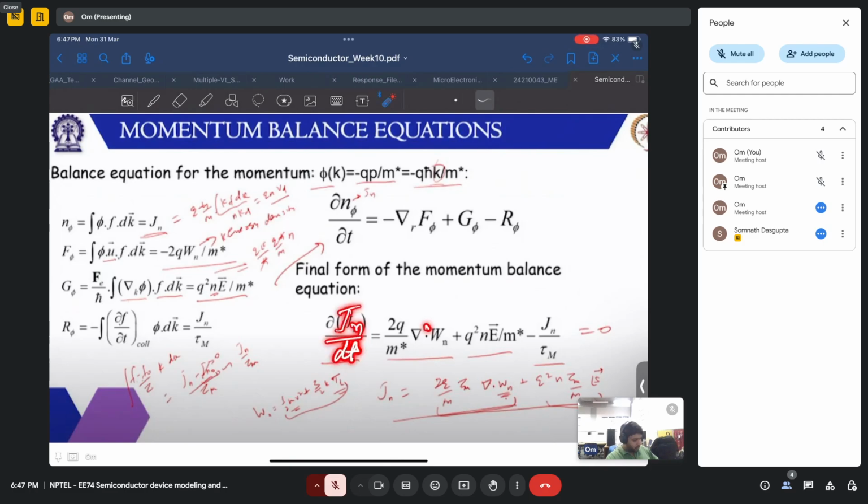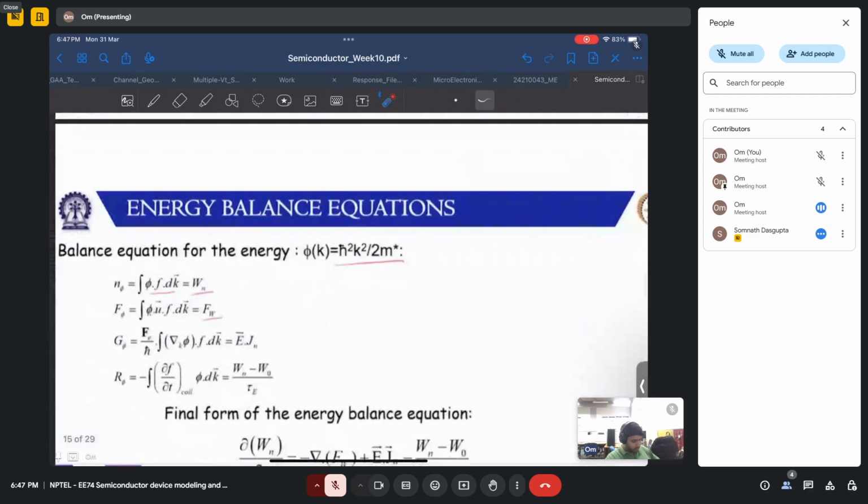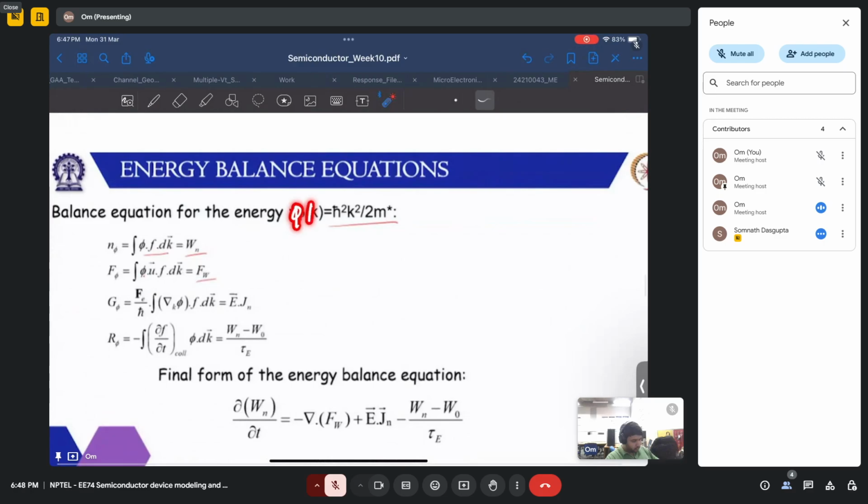In the energy balance equation, we assume phi k to be a function of k square, since h cross square k square by 2 m star is energy, from the Schrodinger solution.